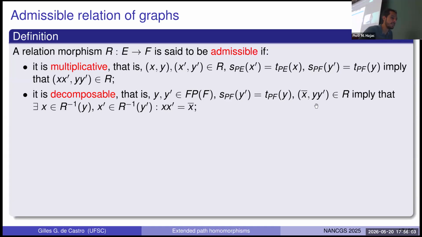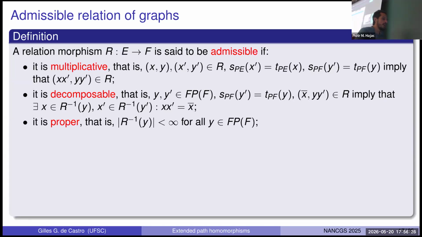If the second coordinate is a concatenation, then we need to be able to decompose this x bar as a concatenation, where the first one is related to y and the second one is related to y prime. This is to make sure that the formulas for the algebra homomorphism are multiplicative. We also need this properness because we are again going to use a sum, so we need to ensure that the sum is finite. So we need this properness condition.